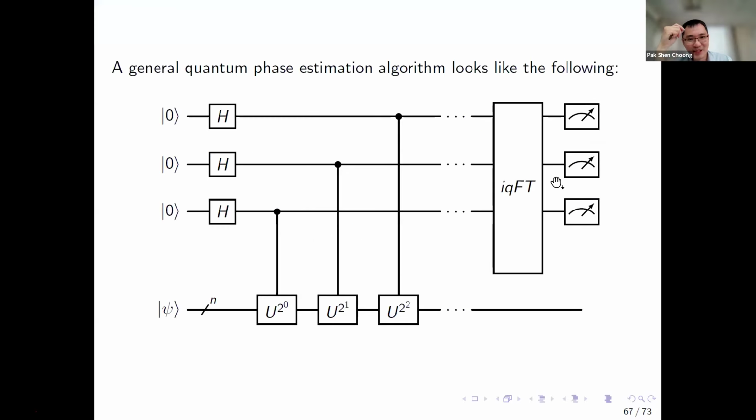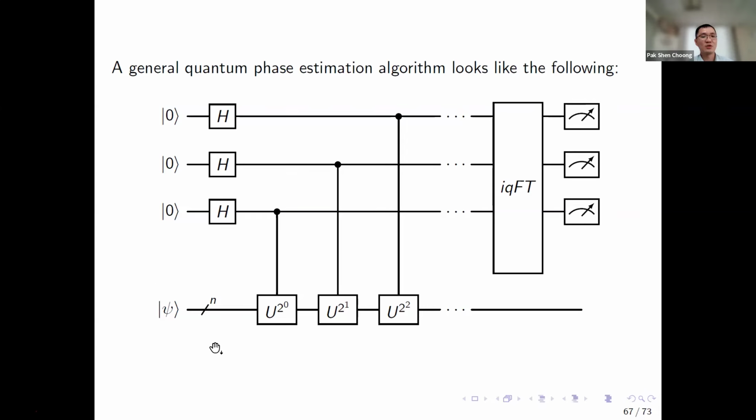And you see something very similar to the Fourier transform just now, whereby all these things that you have, so this will be your initial state, and then this is the quantum state that you want to estimate the phase with. So the symbol over here means that this is not a one qubit state, this is n qubits.